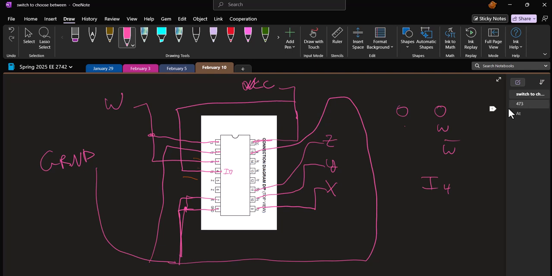So this is input 0, input 1, input 2, input 3. That is our value of XYZ, that 0, 1, 2, 3, 4. So pin 4 is VCC, but I4, which is pin 15, is ground. Did that answer your question? I don't want to hold it up.